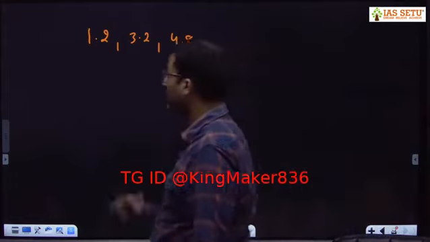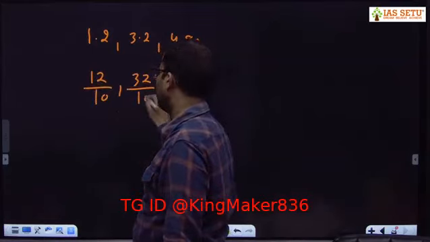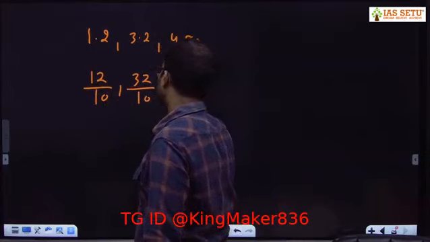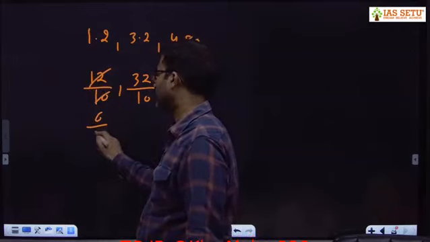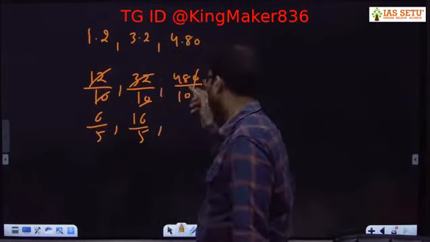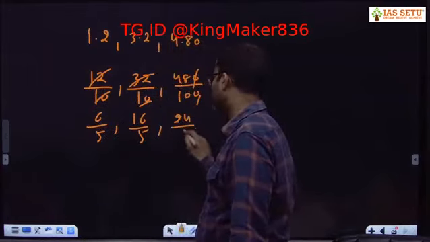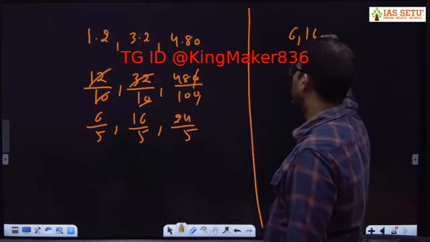Done. This is 12 by 10, 32 by 10, 480 upon 100. Simplify. This is 6 by 5, this is 16 by 5, this is 24 by 5. Tell me what is your LCM of 6, 16, 24.